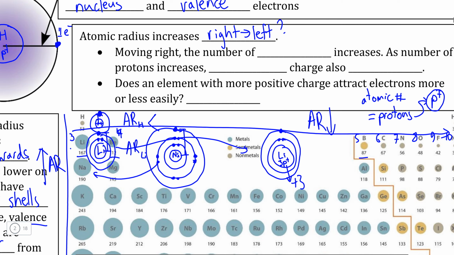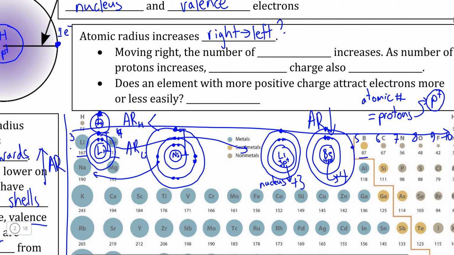Of course, lithium, the element, has a charge of 0 because the number of protons is equal to the number of electrons. But when we look specifically at the nucleus, lithium has a charge of positive 3. Now, if we do the same measurement with beryllium, beryllium is atomic number 4, meaning that it has 4 protons, so its nuclear charge is going to be positive 4.